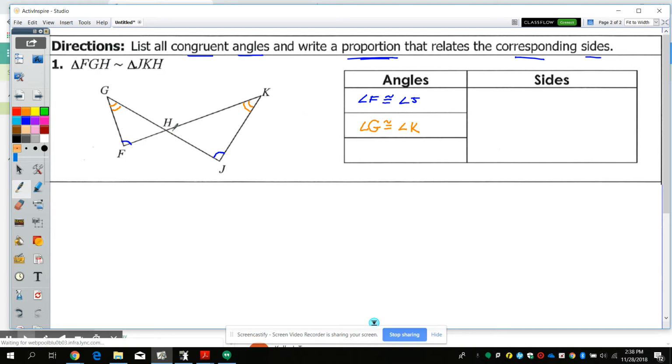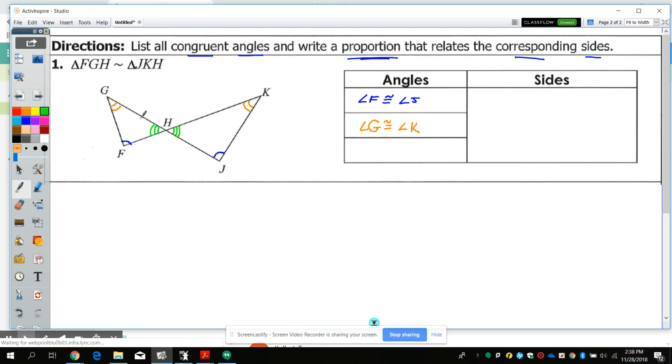Now, it's easy to tell if you're looking at this to know H is congruent to H. And so I'm going to go ahead and label it on here, H congruent to H. But here's the thing. I can't call this side angle H or this side angle H because angle H wouldn't tell me which angles it is. So I need to be a little bit more clear with the naming of these angles.